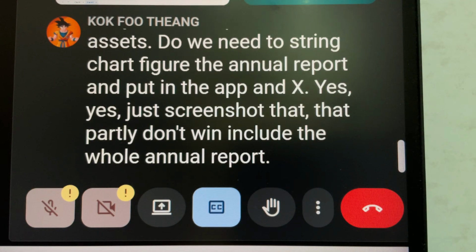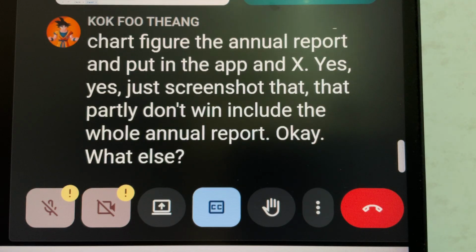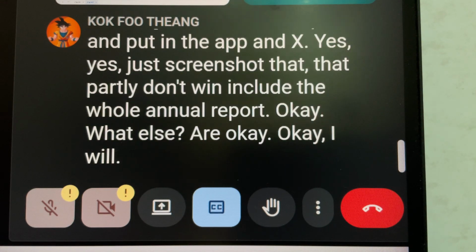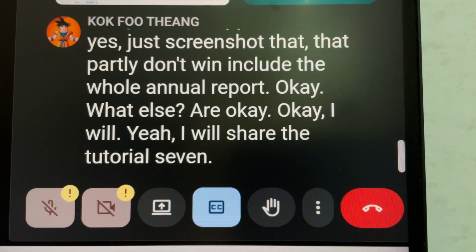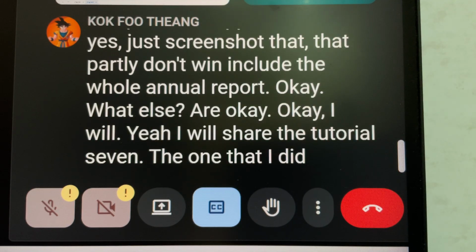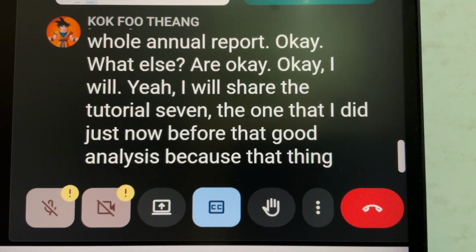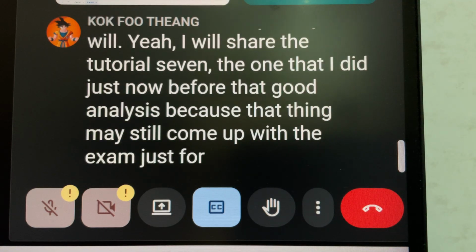Okay, I will share tutorial 7, the one that I did just now for the technical analysis, because that may still come out in the exam, just for information.